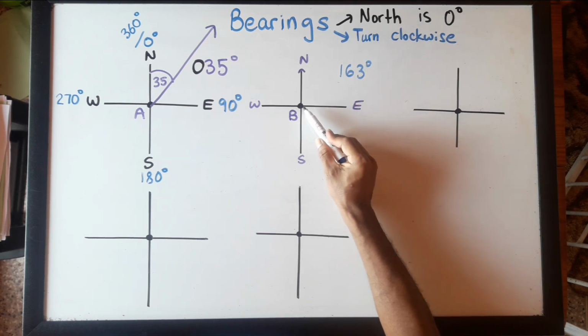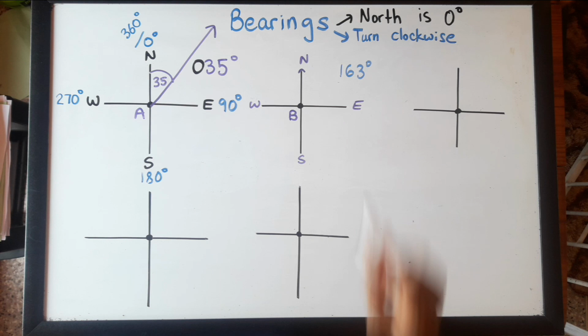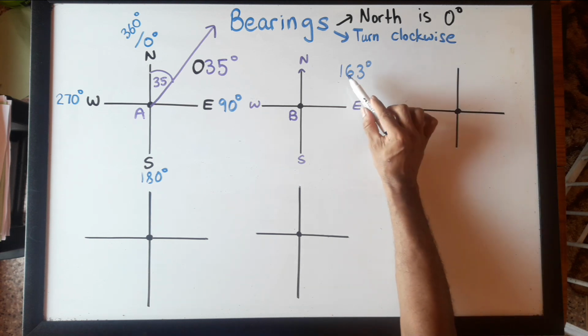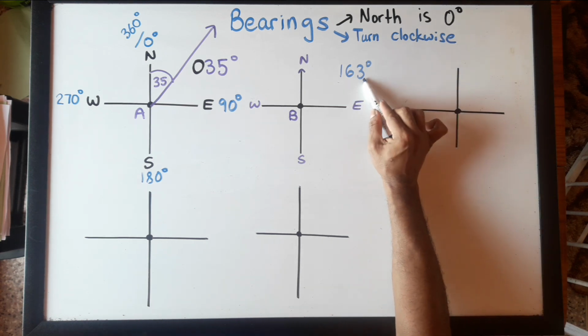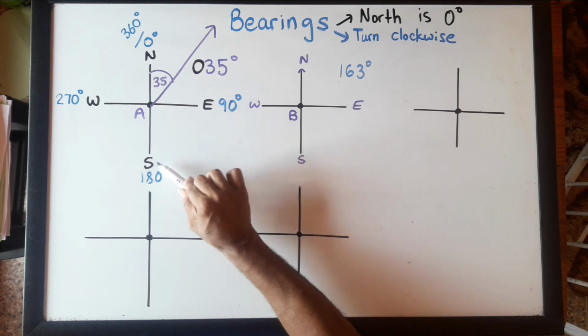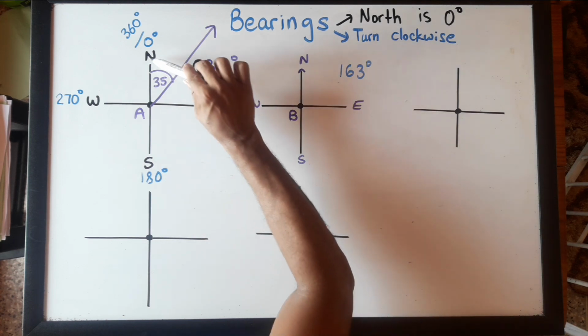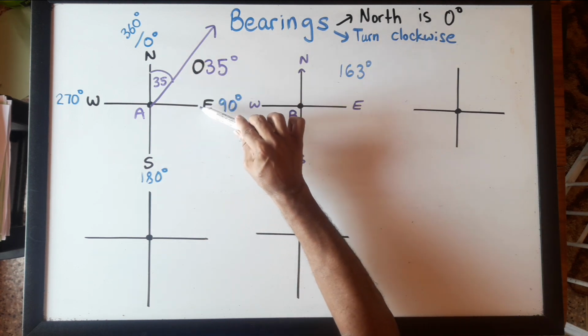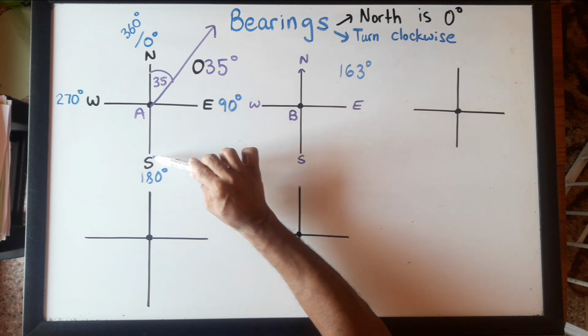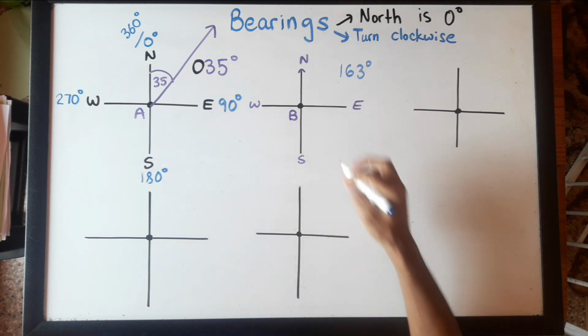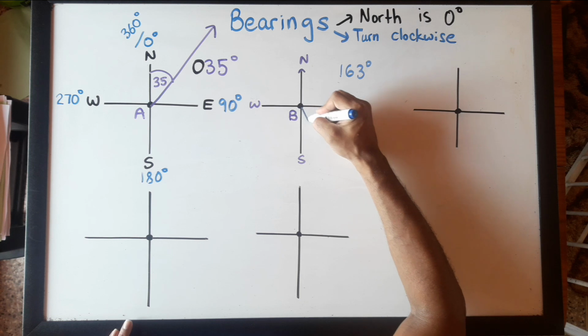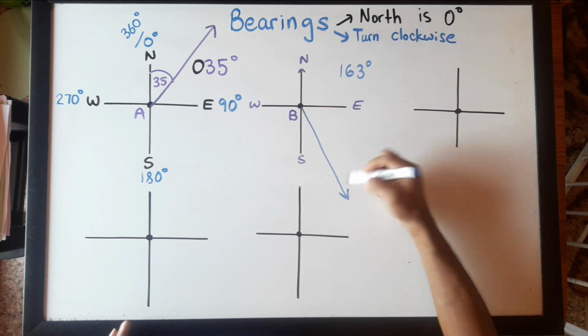They're at point B and we're trying to guide them to this bearing. Well, very simple: 163 is in between 90 and 180. Does that make sense? Because here's 0, here's 90 degrees, and 163 will be quite close to south. So the person will turn and walk in this direction.